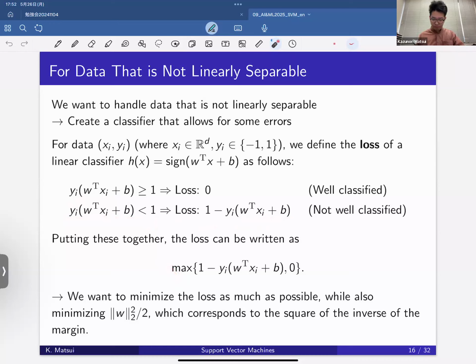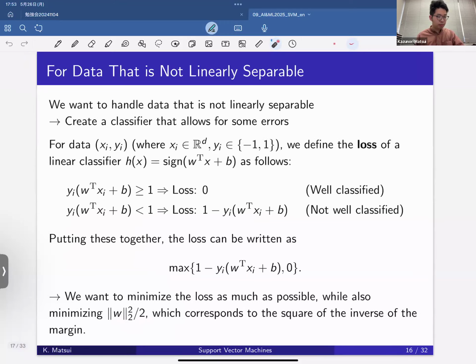We consider a problem that wants to minimize the loss as much as possible, while also minimizing the square of the norm of W, which corresponds to the square of the inverse of the margin. So we consider the soft margin support vector machine.